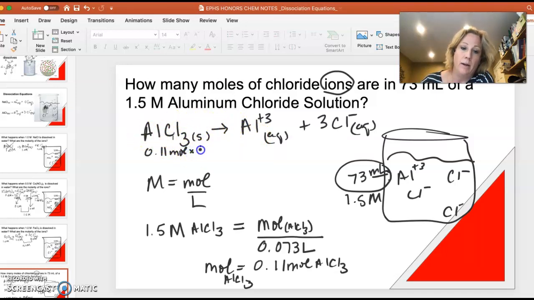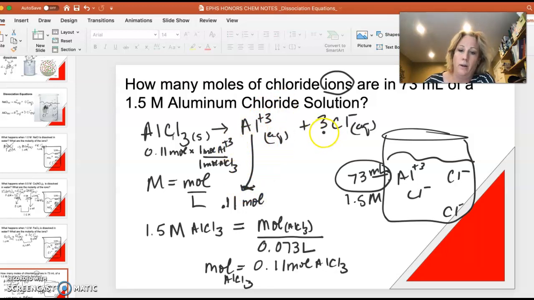Again, if you want to think about it, you have 1 mole of aluminum per 1 mole aluminum chloride. That's how we know this is going to be 0.11 moles of aluminum ions. And then similarly, we would have 3 times as many, or 0.33 moles of chloride ions.